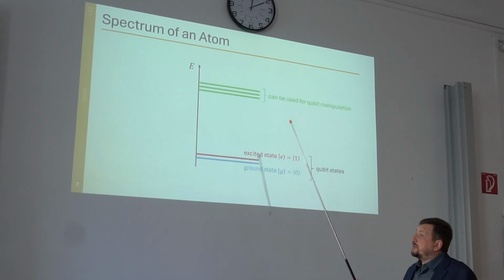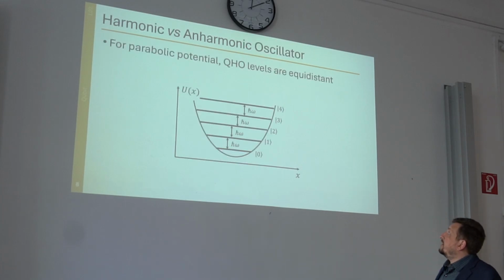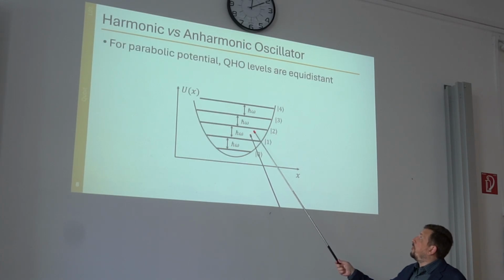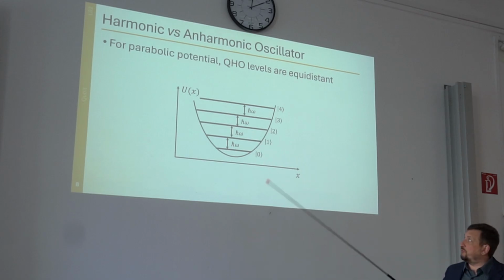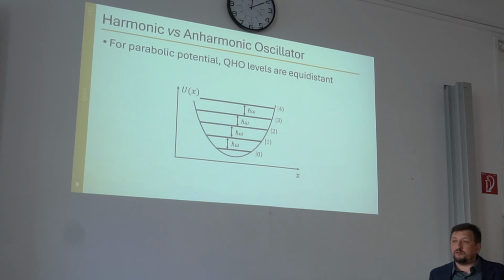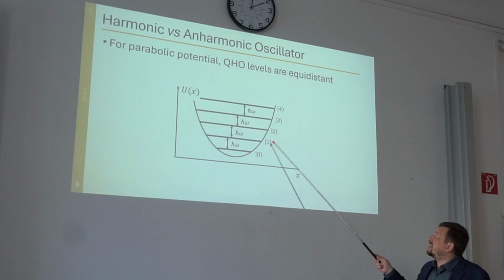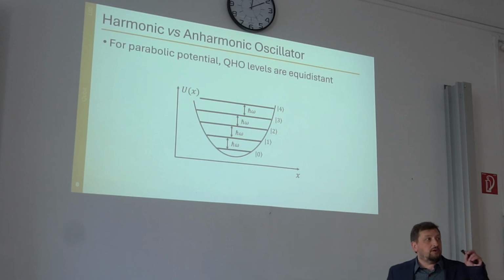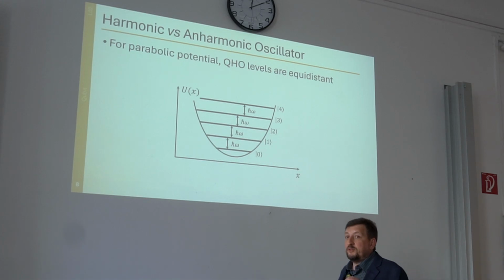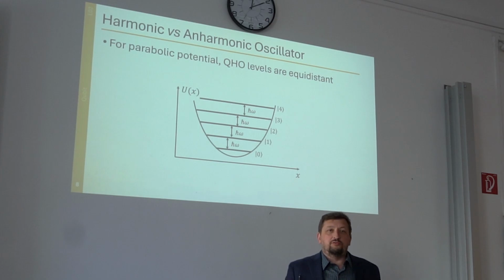So this is one example of how a multi-level system can be treated as a qubit and when it behaves as a qubit. Another example: when we start from the quantum harmonic oscillator, we have this nice equidistant ladder of energy levels only in the case when the potential is an exact parabola. In the language of classical physics, that corresponds to the case of a linear oscillator, so the restoring force is proportional to displacement.